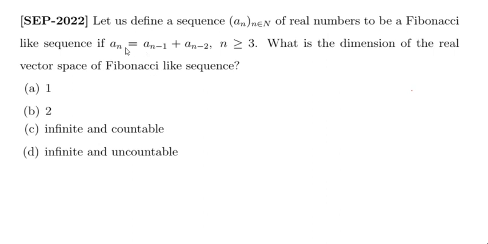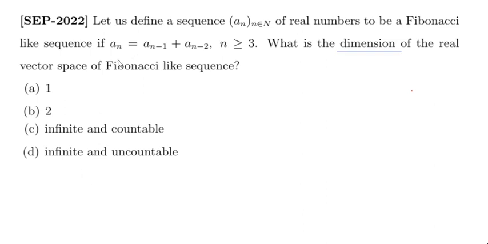So the nth term of the sequence is defined here, that is a_n equals a_{n-1} plus a_{n-2}. So we need to find the dimension of the vector space. To find the dimension, first we will find the basis.